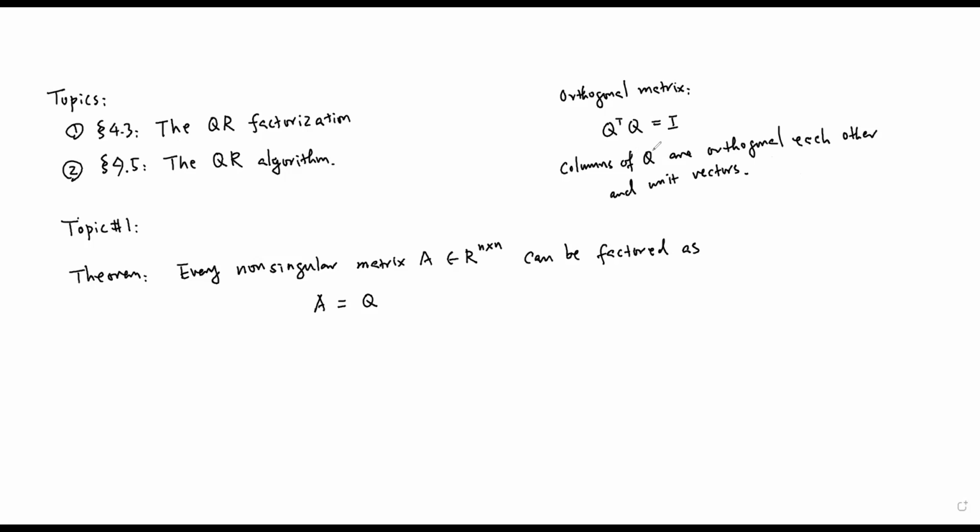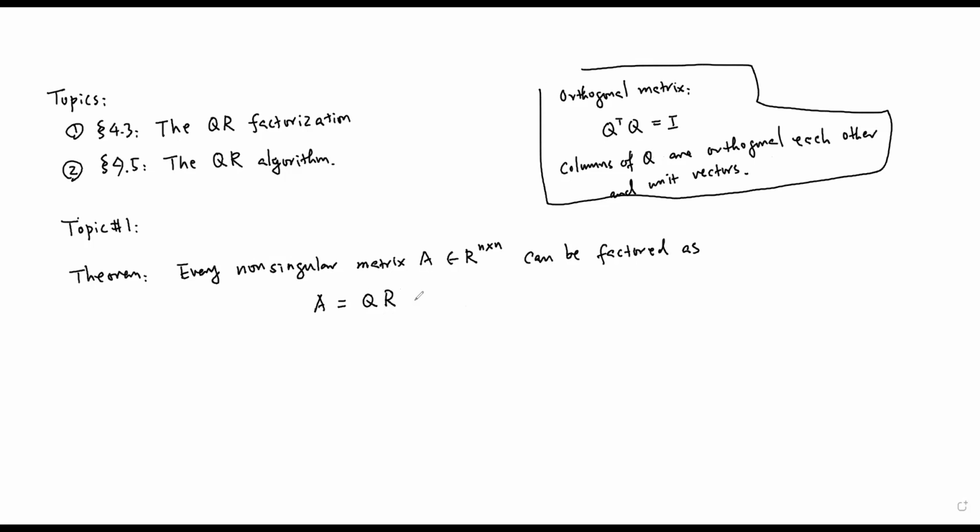Therefore, the columns of Q form an orthonormal set. This is the definition of an orthogonal matrix. Every non-singular matrix can be factored as an orthogonal matrix times an upper triangular matrix.